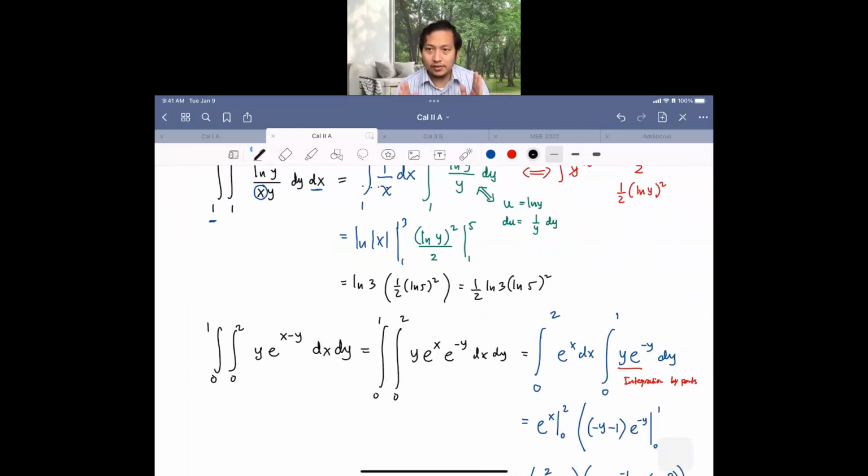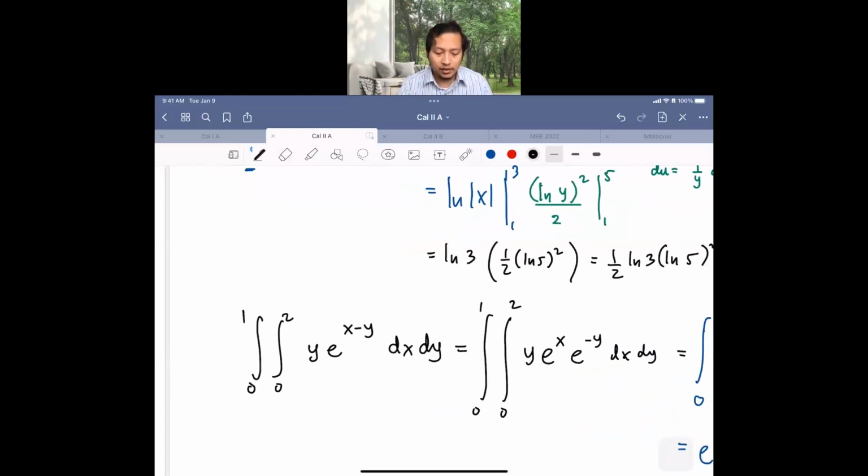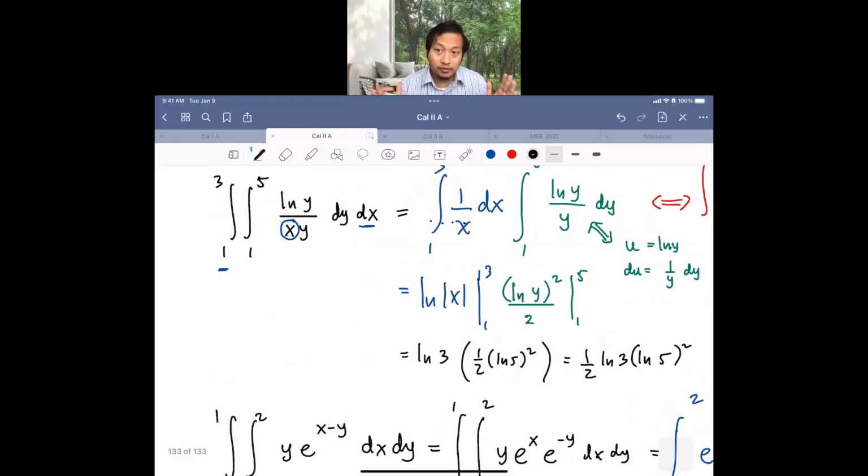You can separate x, y, and if you want to do the inside integral first and then the outside integral, that's also okay. If you have something a little bit more complicated like this, you can separate it into x and y, integrate each one of them and then multiply at the end.